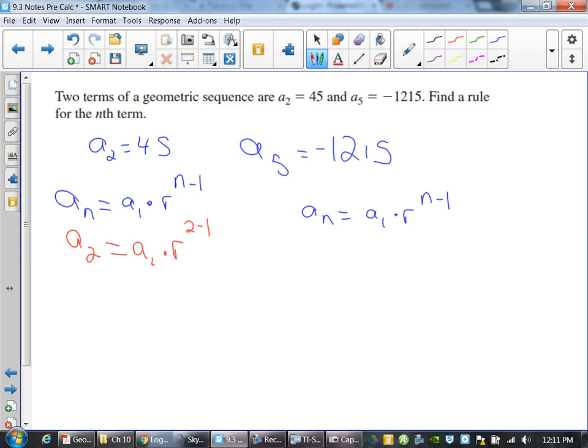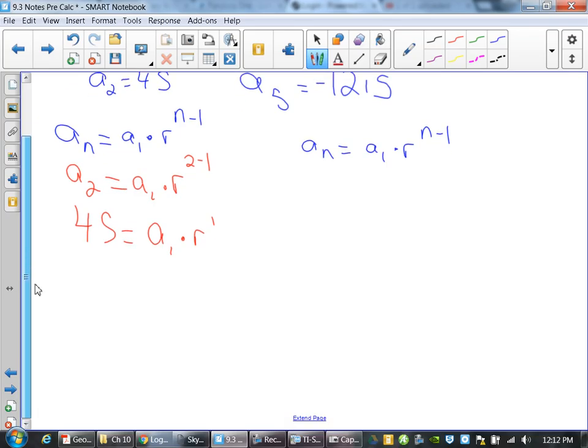What is the second term? 45. So if the second term is 45, this is the first term times rate to the first power. I do the exact same thing with the fifth term: the fifth term is the first term times the rate to the 5 minus 1. What is the fifth term? Negative 1215.